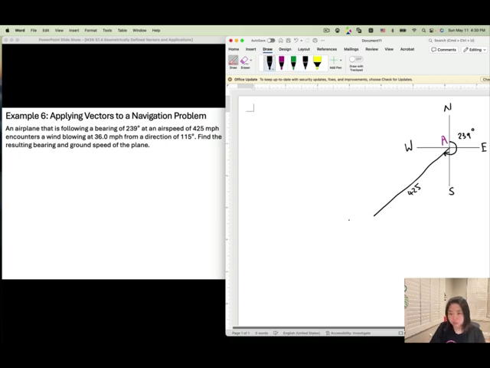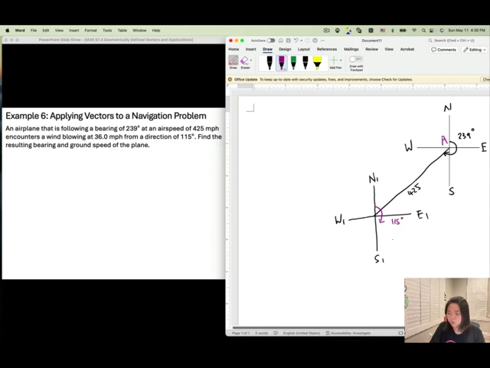So we're gonna draw another compass here, and we call this N1, E1, S1, and then the W1 here. And then we have 115 degrees. 115 degrees is gonna be more than 90, so somewhere like here, 115 degrees.